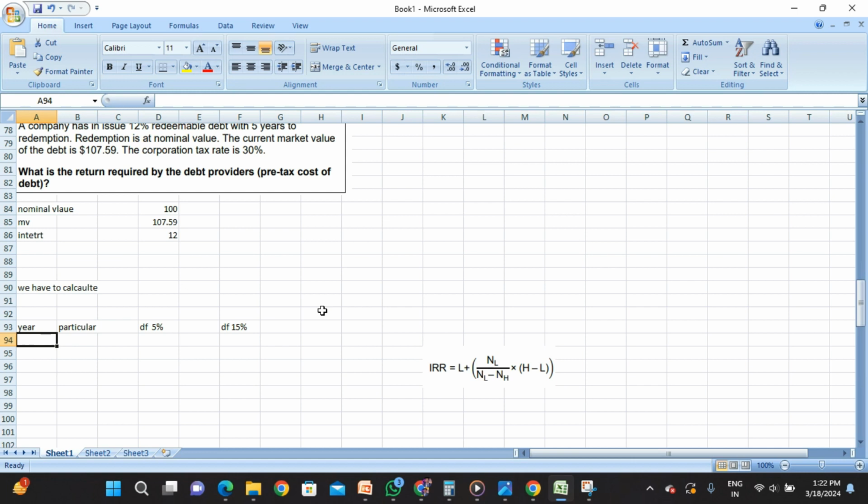I am assuming you know what IRR is. When calculating the IRR, we use two discount factors, one small and one larger. With the smaller one we get a positive NPV, and with the larger discount factor we get a negative NPV. So let's begin, for years 0, 1, 2, 3, 4, and 5.